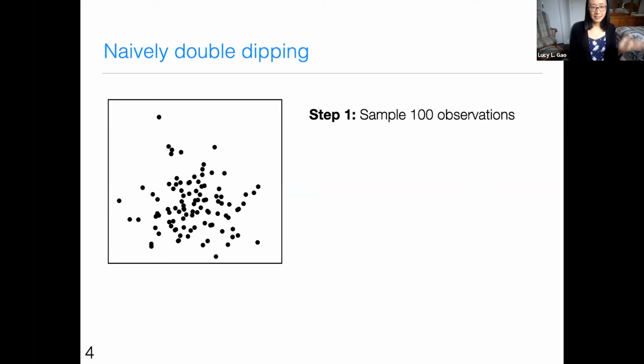What I have shown on the slide is fairly simple. All I've done is sample 100 observations from a standard bivariate normal distribution. So there is really no signal in this data. Every one of these observations has been generated from a distribution with the same mean.